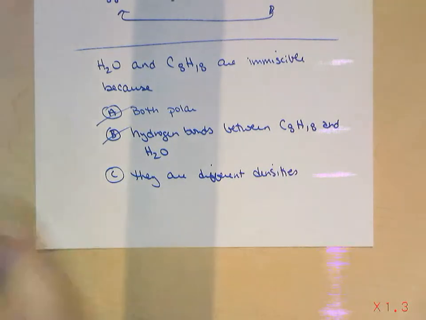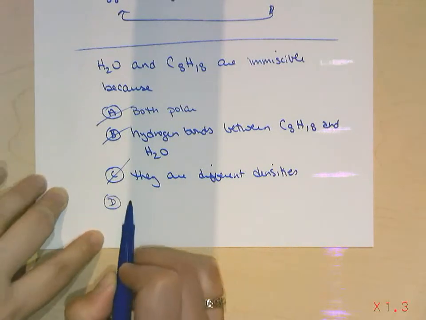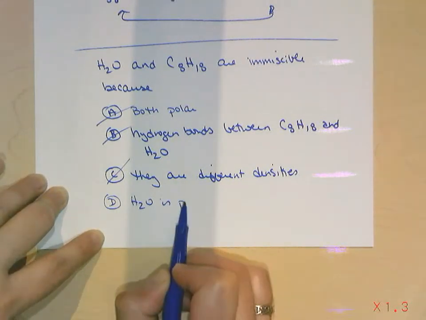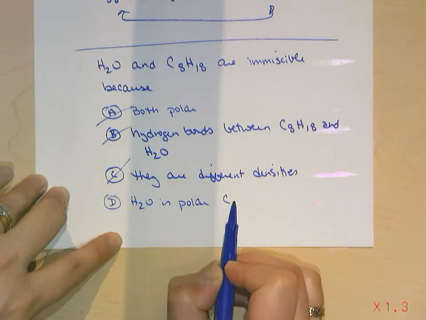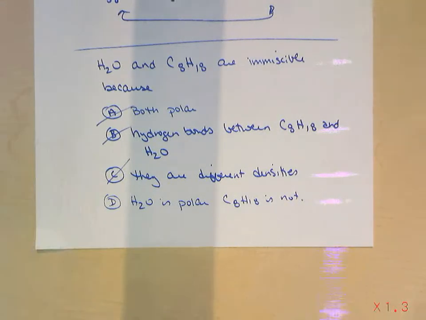That tell you anything about their ability to mix? Okay. Also bad answer. Right, that's actually true. I mean, I think this is probably true. I don't really know about their densities.